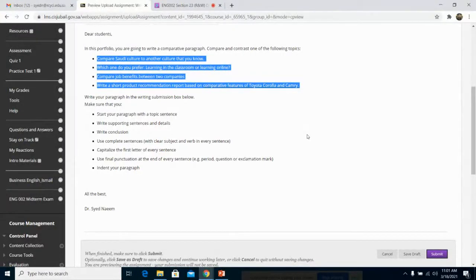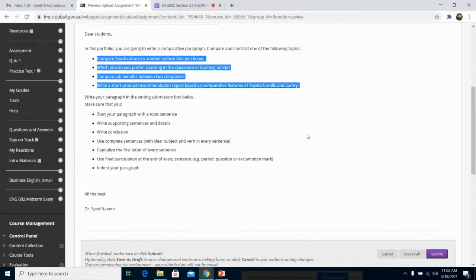Another topic is, which one do you prefer, learning in the classroom or learning online? The third one is, compare job benefits between 2 companies. And the 4th one, write a short product recommendation report based on comparative features of Toyota Corolla and Camry. So here you have to compare Toyota Corolla and Camry.